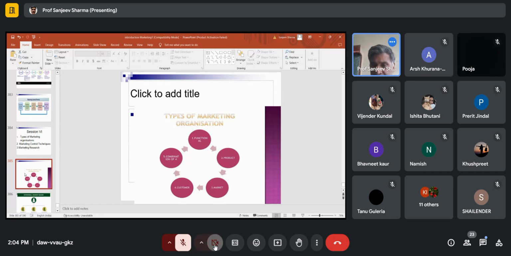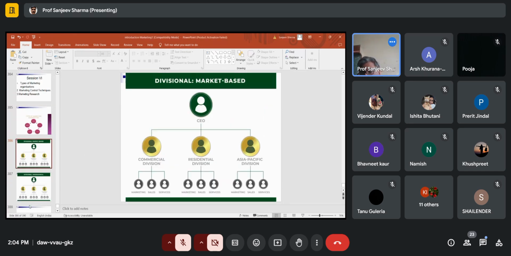First is the geographical base. So how is a geographical based structure organized? We also call it market based.